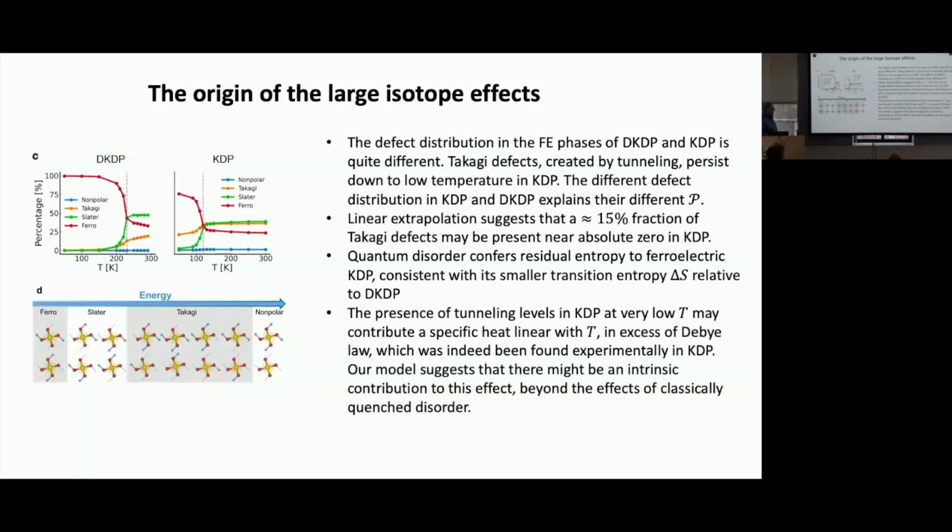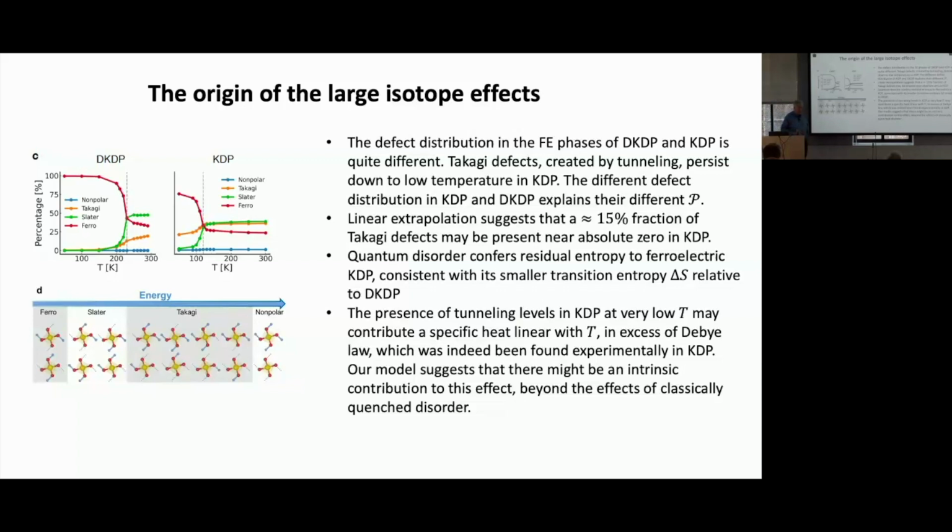This quantum disorder confers residual entropy to ferroelectric KDP, which is consistent with the smaller transition entropy delta S relative to DKDP. Also, at very low temperature it may contribute a specific heat linear with T in excess of the Debye law. And indeed, this has been found experimentally.